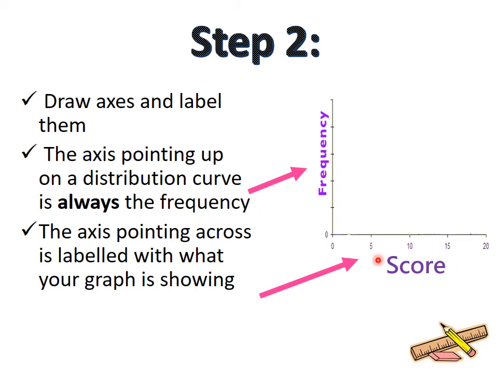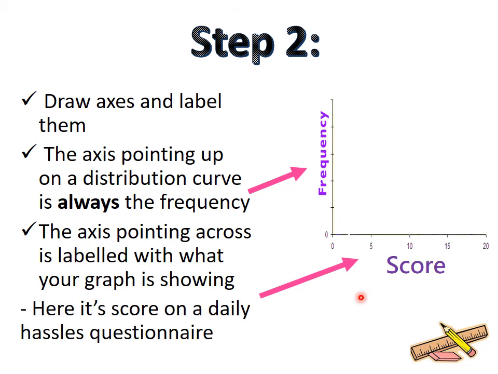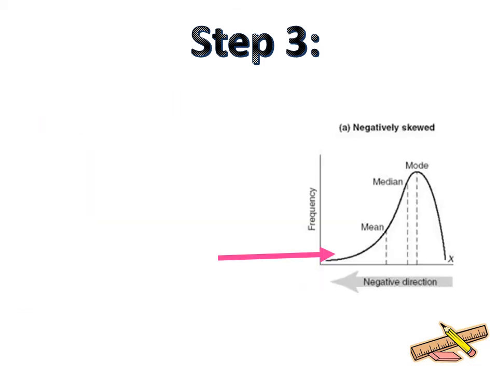But that could be time, days, IQ, whatever you're measuring will go along the bottom axis. Okay, so we draw that out. Now, we pick a scale that is going to be sensible. This scale, not sensible. But we would pick one based on the numbers that we've been given.